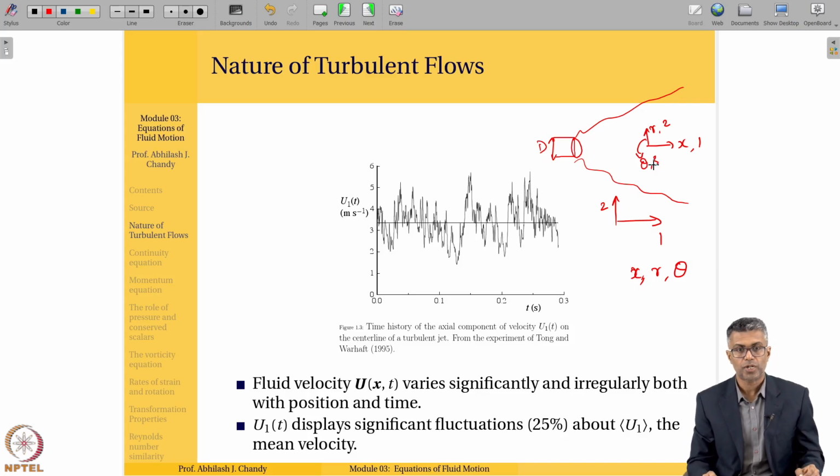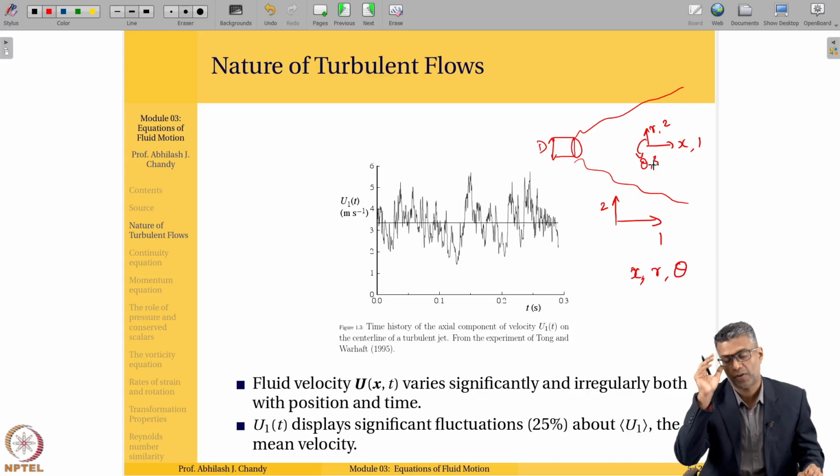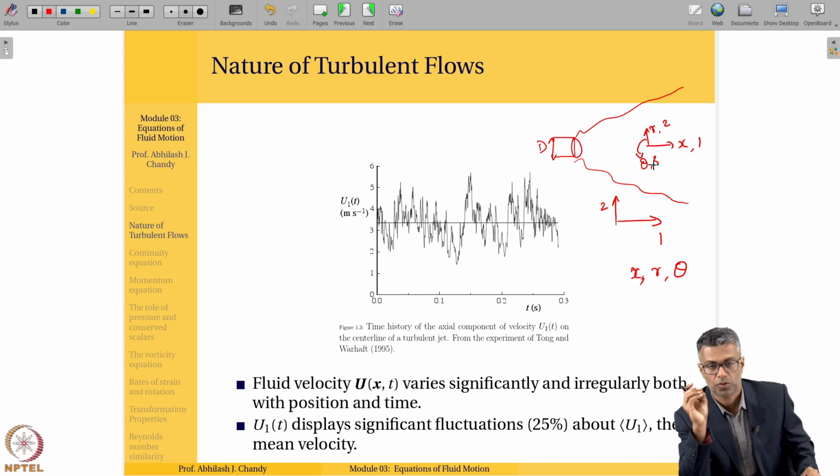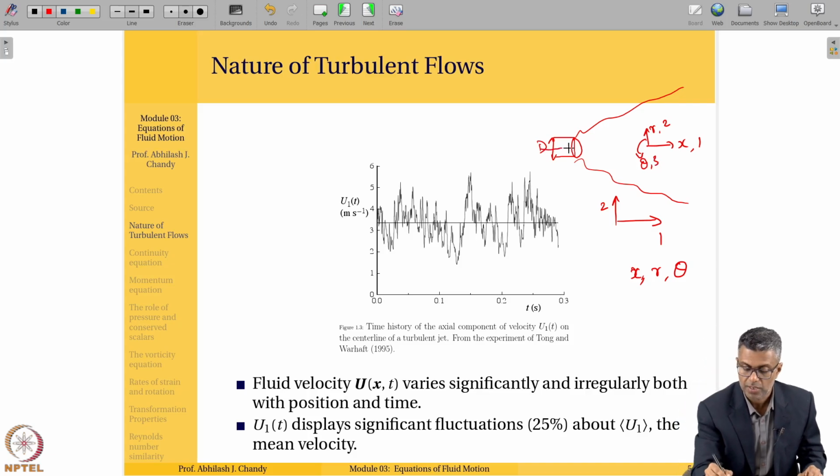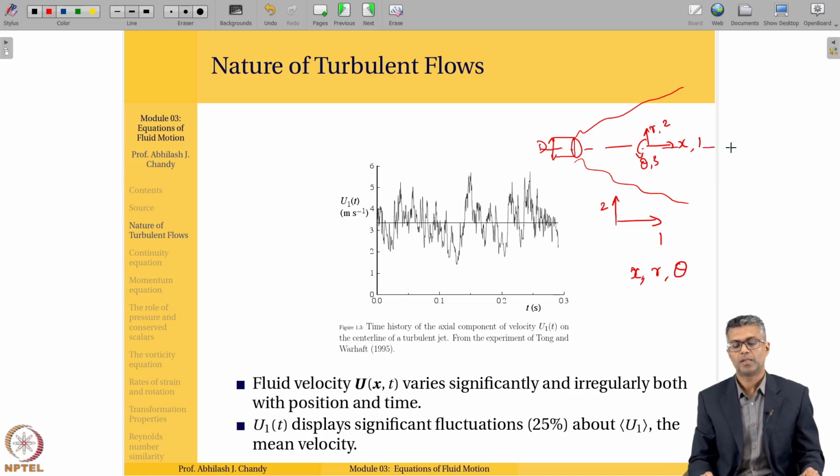So what is shown here is u1(t), the axial component of the velocity. The subscript 1 represents the fact that it is an axial component of velocity, and it is the time history on a center line of the jet. This is the center line. On the center line of the jet, this is the time history at a certain point.